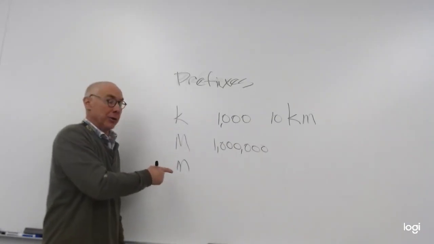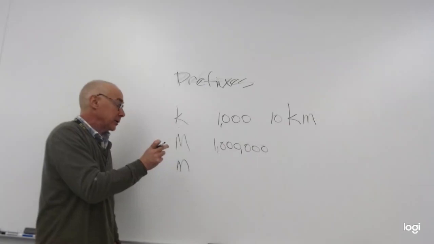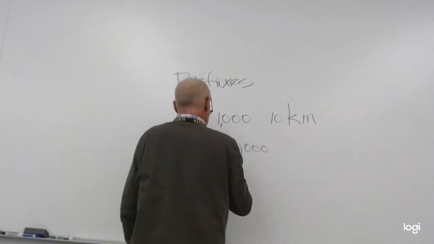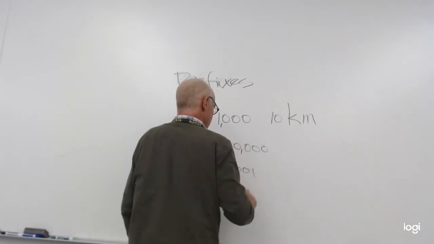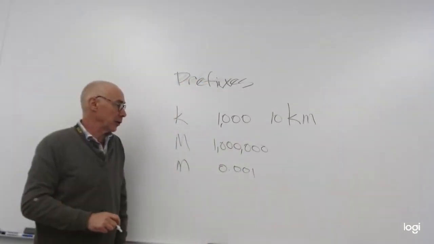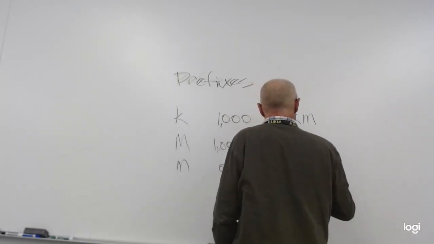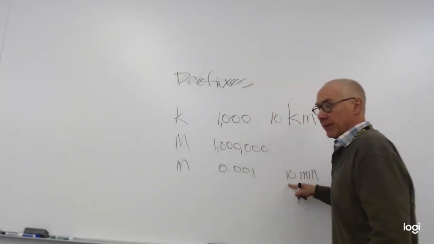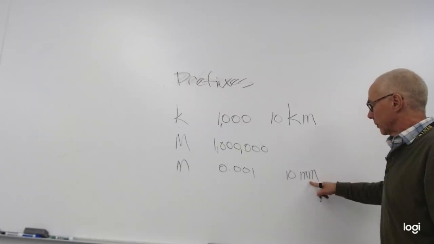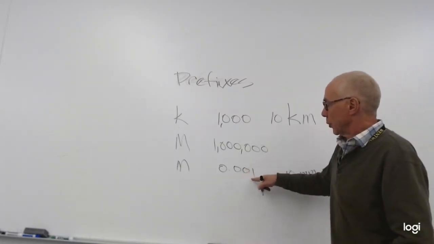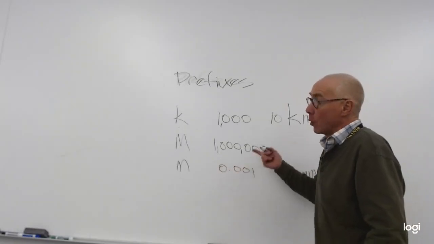If you see two letters next to each other, it'd be like millimeters. And this one is 0.001. So if you see something like 10 mm, it's 10 millimeters, or 10 times 0.001 meters, or 0.01 meters, right?